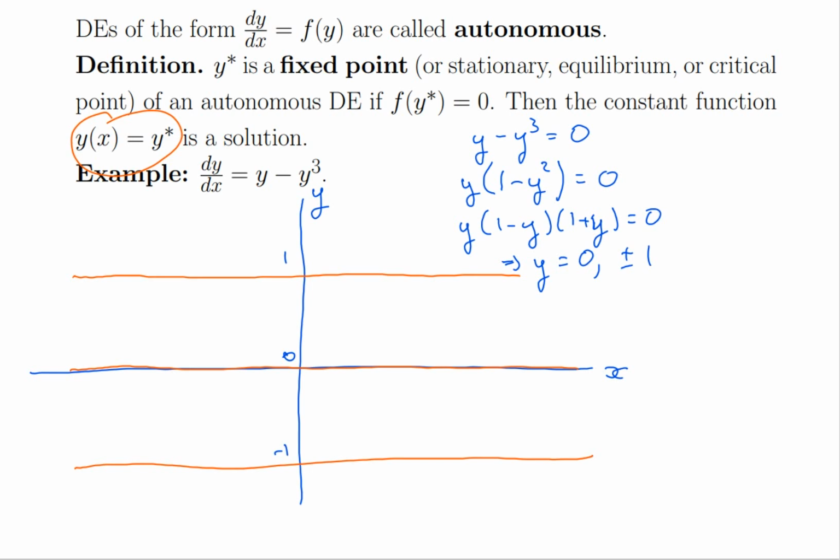What I want to do is look at the sign of y minus y cubed, because if y minus y cubed is positive, that means dy/dx is positive, which means the solution curve must be increasing. So what's the sign of y minus y cubed? Well, to work that out, it would be helpful to have a graph of y minus y cubed. So I'll just draw that on the side over here.